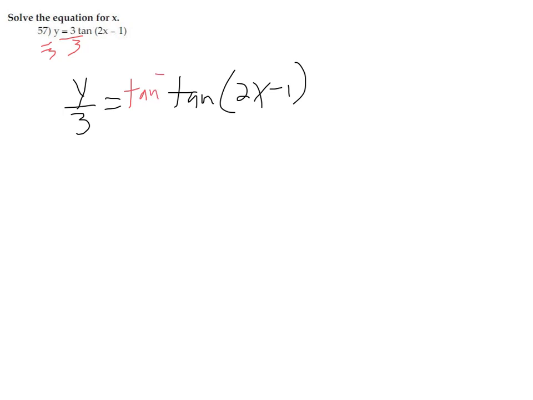Solve for x. All right, we just have to unwrap this present here. Let's divide by the 3. This gives us y over 3 equals tangent of 2x minus 1. Good so far. Let's unwrap the tangent with an arctangent.